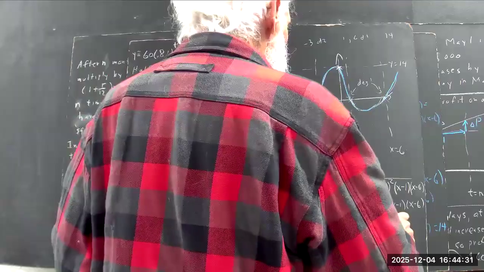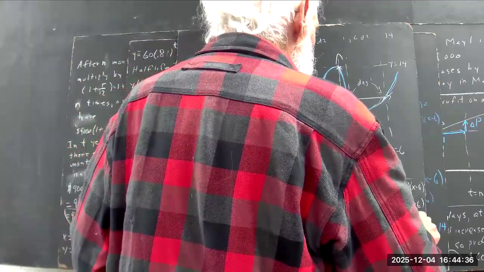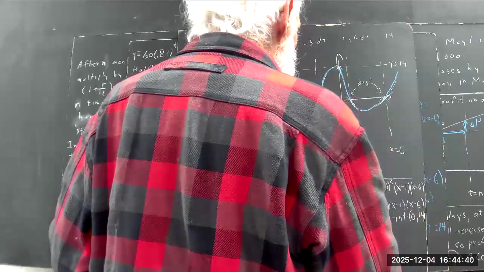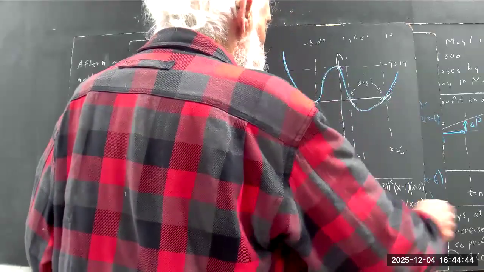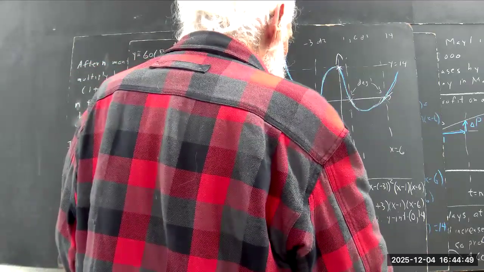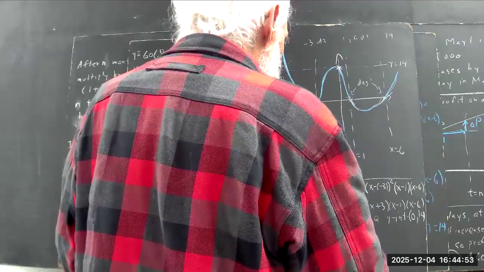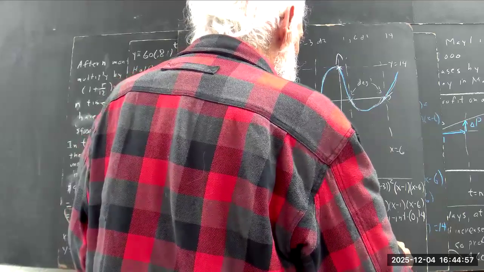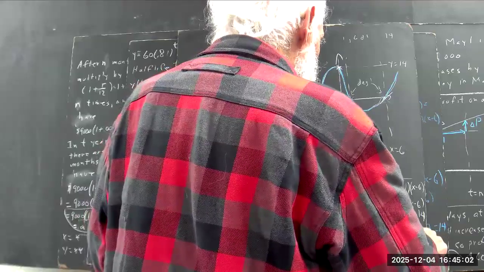Find A. The y-intercept is at (0, 14). So y equals A times (x plus 3) times (x minus 1) times (x minus 6). Sorry, y is 14, equals A times (0 plus 3) times (0 minus 1) times (0 minus 6).